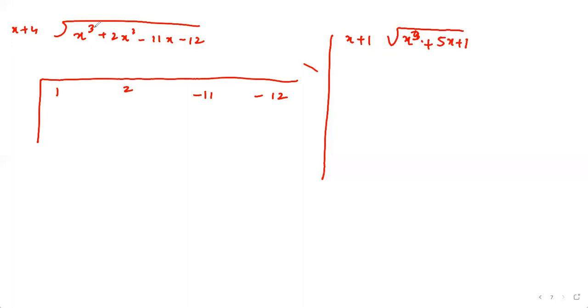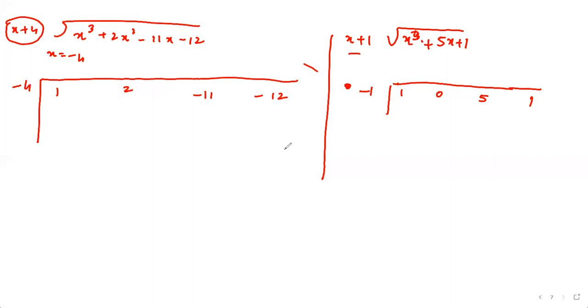In the second case, I write the coefficients as 1, 0, 5, and 1. In the first, you write negative 4 out here, because equating x plus 4 to 0 gives x is negative 4. And here equating x plus 1 to 0 gives x is negative 1. You start with that.